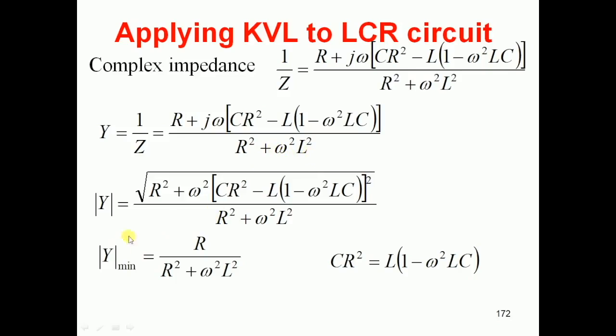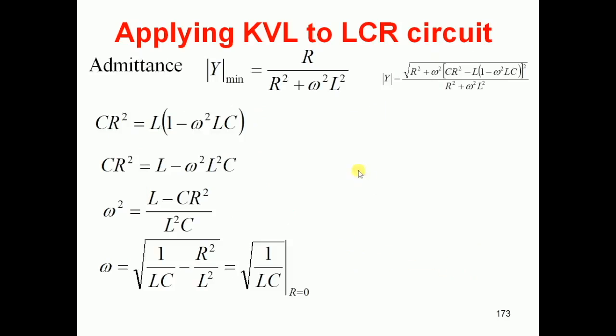And the minimum value of this under root will be R when CR square is equal to L times 1 minus omega square LC. For that minimum value, we have CR square equal to L times 1 minus omega square LC.